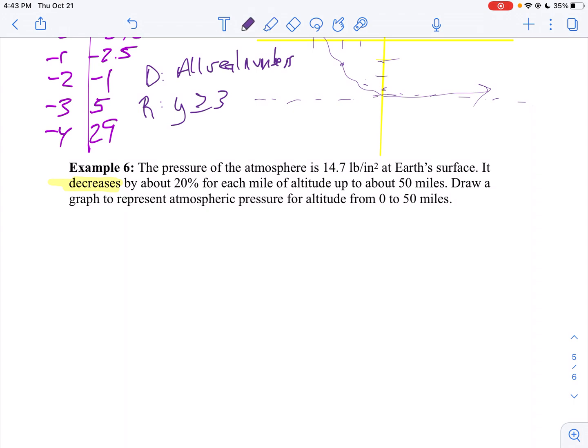So the only difference between exponential growth and exponential decay is when you do exponential decay, it's going to be your initial amount times, instead of saying 1 plus r, I'm going to say 1 minus r, and raise that to the t power. So I'm going to start with 14.7.